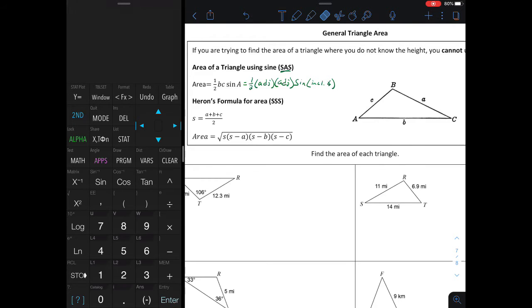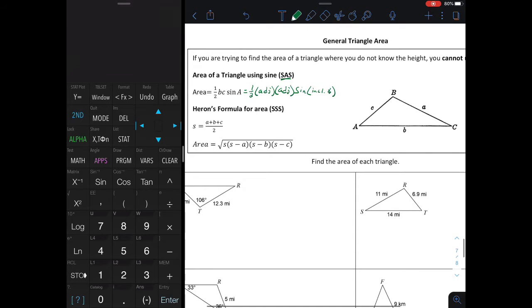Now, another option we have, let's say we have the measure of all three sides and no angles. We could always use law of cosines, solve for an angle, and then use the triangle formula for side angle side. That's always an option here. Another option is to use Heron's formula, which bases the area of a triangle off its semi-perimeter. So S is the semi-perimeter.